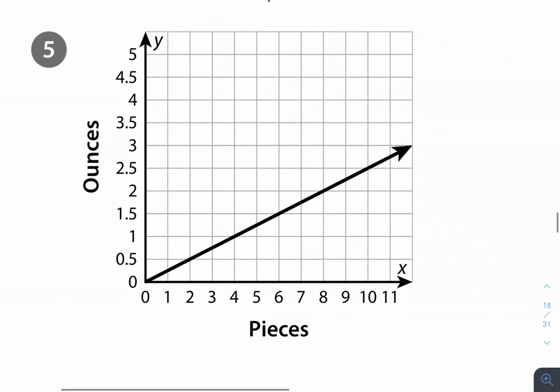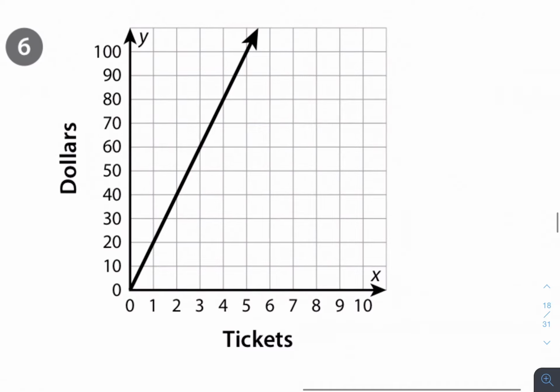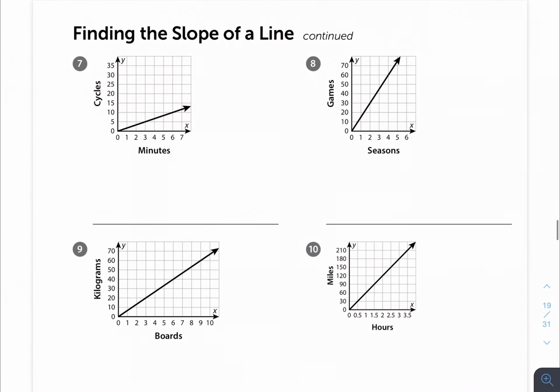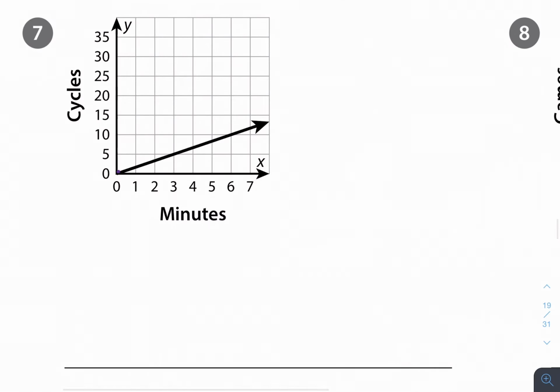For question number 5, you can use 0, 0, and 6, 1.5. For question number 6, you can use 120 and 480. For question number 7, you can use 0, 0, and 610.